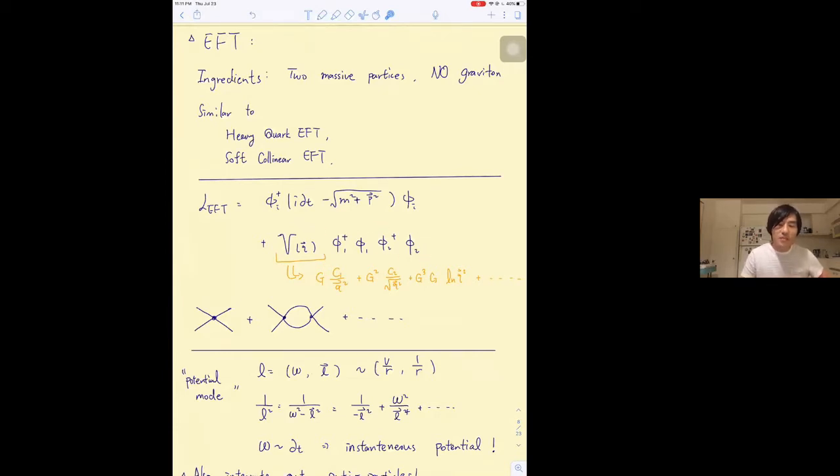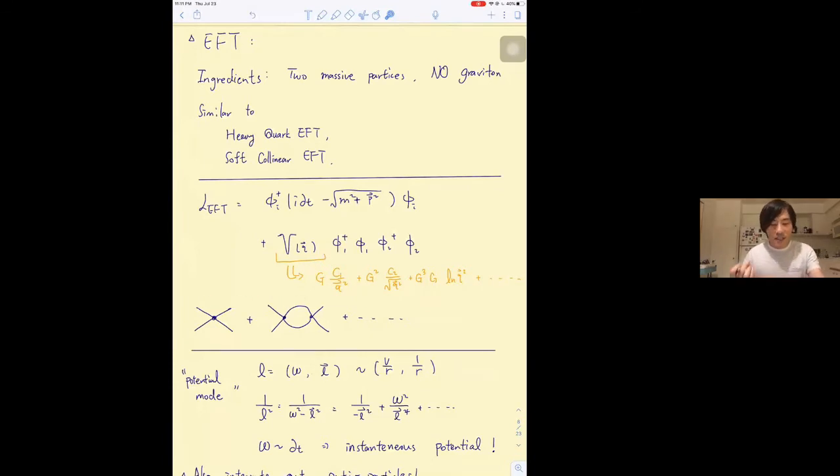It's a little bit different from standard lambda phi-4, because for the potential we want a long-range interaction. So the potential is actually not analytic in the momentum transfer Q, which will give you a long range when you go to real space. But that's this effective theory. So you can see that it's very simple. It's basically a phi-4 theory, and all the Feynman diagrams are given by these bubble type diagrams.